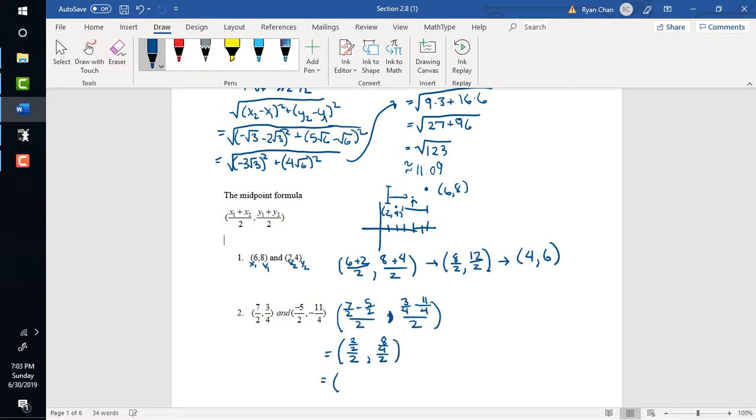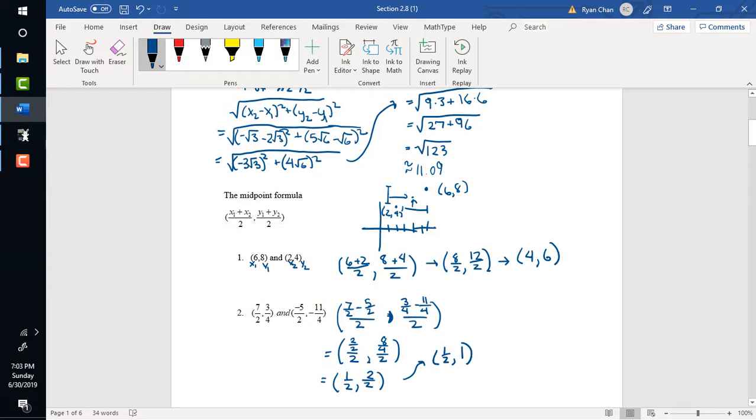So this is 1 over 2, and this is negative 2 over 2, which will become 1/2 comma negative 1. Okay. So those are our two formulas, distance and midpoint.